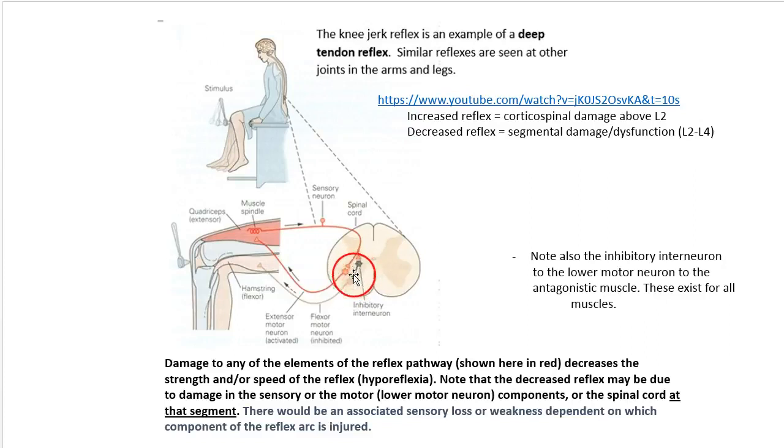That inhibitory interneuron exists on all of the lower motor neurons from antagonistic muscles. So there are reciprocal effects between both the hamstrings and the quadriceps in each location, on each side, and at different levels of the spinal cord.